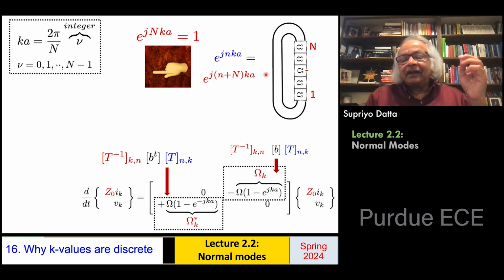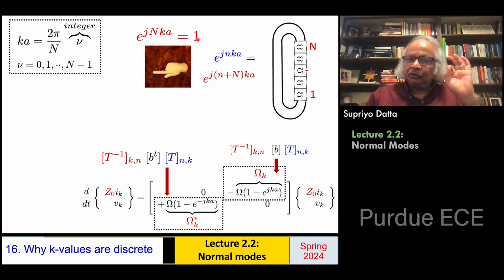So what that requires is that e to the power j capital N k a should be equal to 1. And that requires that k a be equal to 2 pi over N times an integer. N k a is some multiple of 2 pi. And the allowed values of this integer, well, there's N of them, 0 to N minus 1.